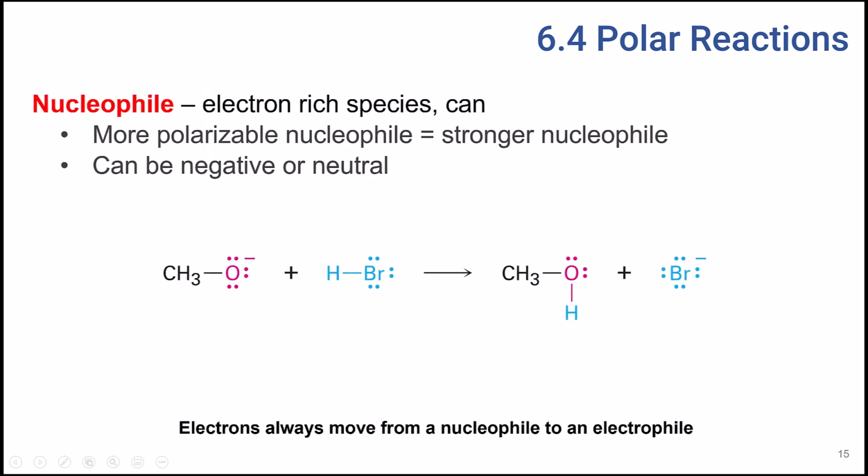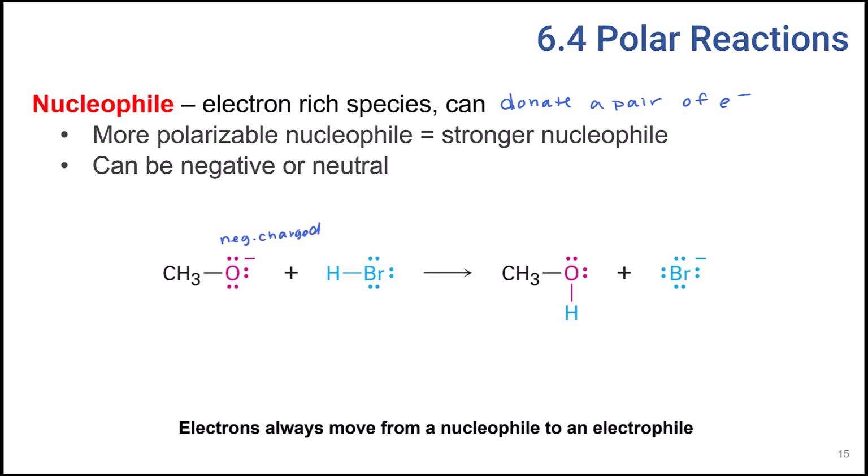A nucleophile is an electron-rich species and can donate electron pairs. And more polarizable nucleophiles equal a stronger nucleophile. And these are typically negative or they are neutral. So in the situation of this OCH3 minus here, this is negatively charged.